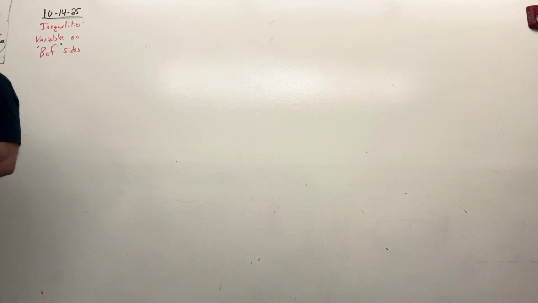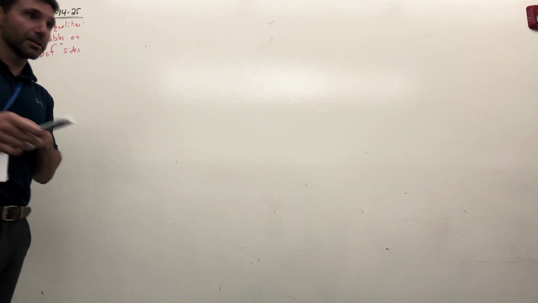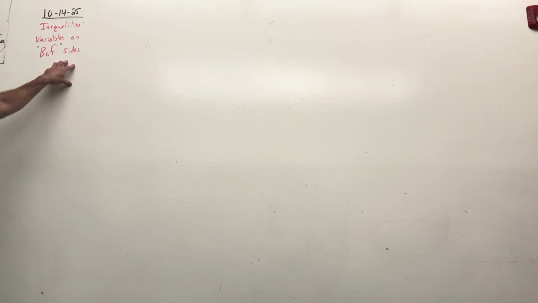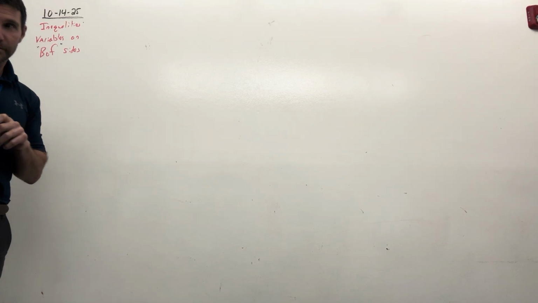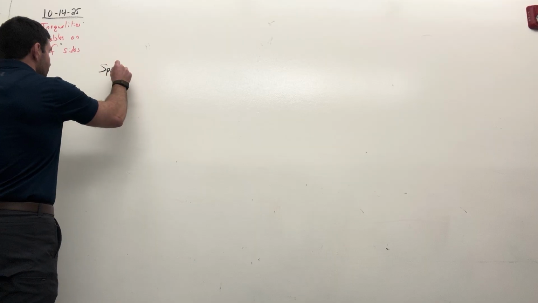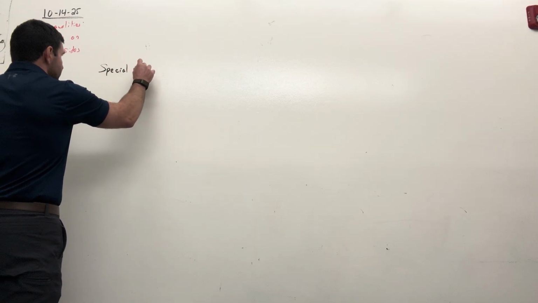Okay. So after you're done taking a look at the homework, we're doing one last little bit of notes. Let's try again. Slow down. Inequalities, variables on both sides. And yes, I know that we did this yesterday, but I want you to do it again today.